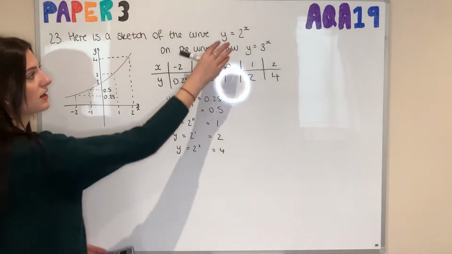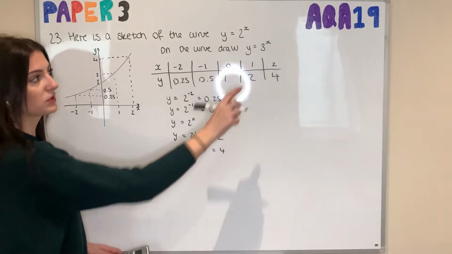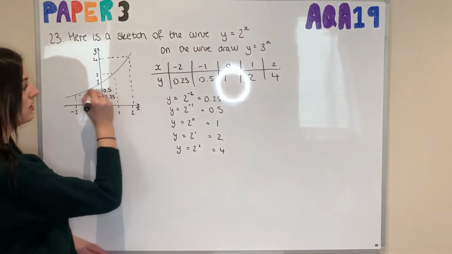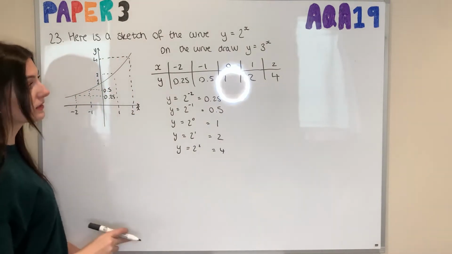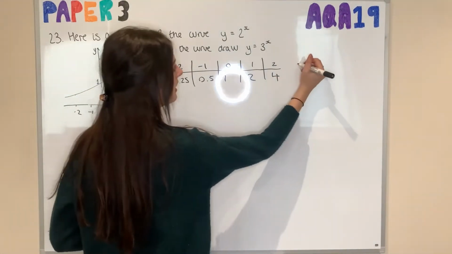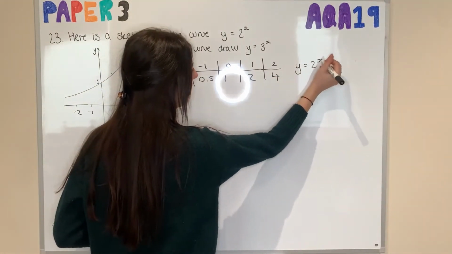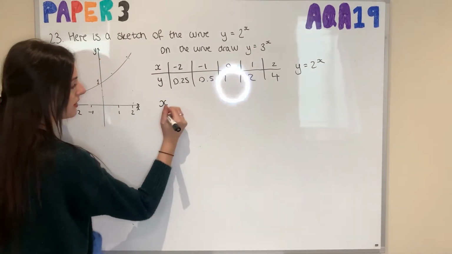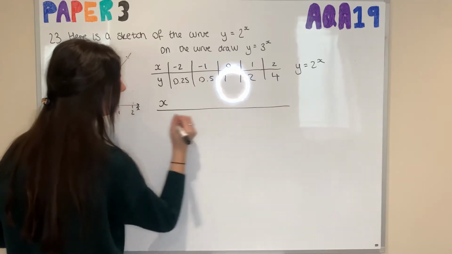So this is our y equals 2^x, and then we will do the same for y equals 3^x to see if the values are higher or lower and where we can draw this line. So let's start. So these values are for our y equals 2^x, and then as I say, we'll do this again for y equals 3^x. So we have x, y.